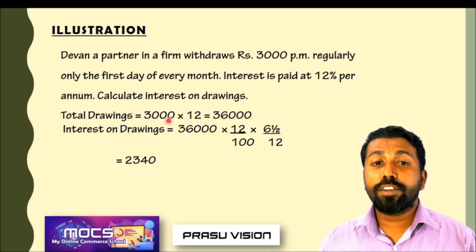We have to calculate the total drawings, per month drawings into 12. If the amount is directly given as 36,000, no need to multiply by 12. But if the amount is given like 3,000 per month, we have to calculate it for 12 months. So 36,000 into 12 by 100, rate by 100, into the average period, 6.5 divided by 12.